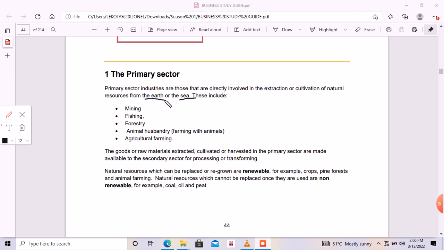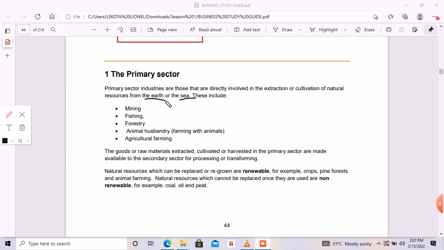You extract raw materials from the earth, and then you cultivate natural resources from the sea. This includes mining, fishing, forestry, animal husbandry (farming with animals in brackets), and then agricultural farming.